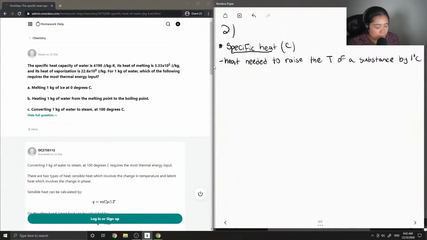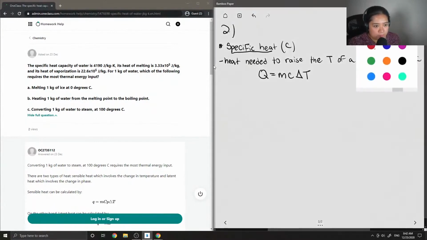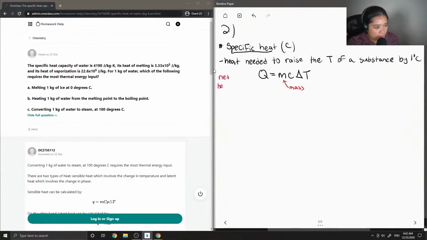So by knowing what specific heat is, this can help us calculate for Q, since Q is equal to mc delta T. So m is the mass, and delta T is the change in temperature, and Q is kind of like the net heat transfer of our reaction.